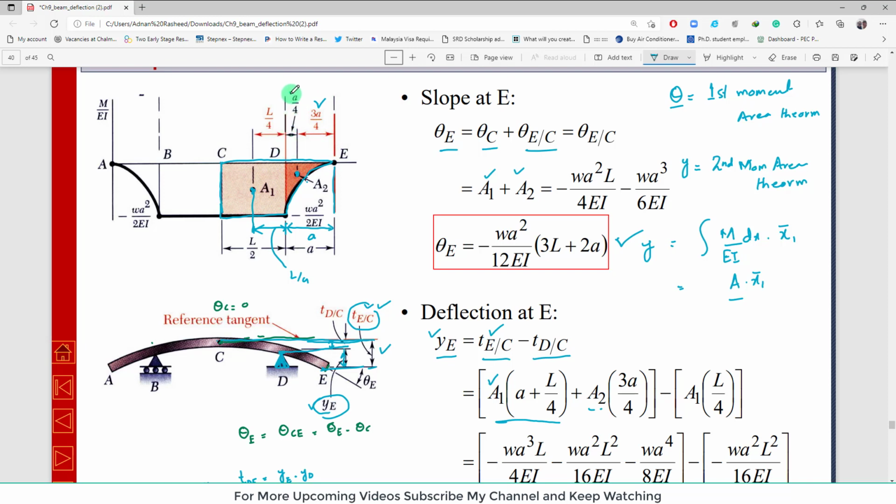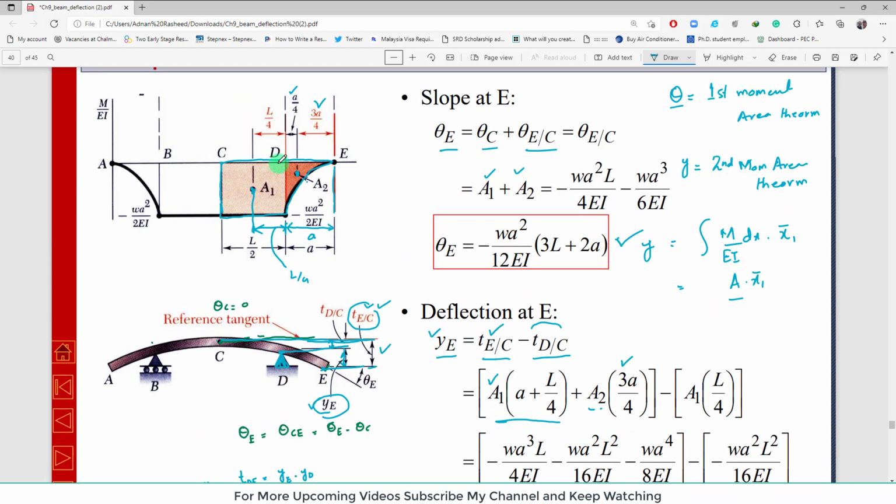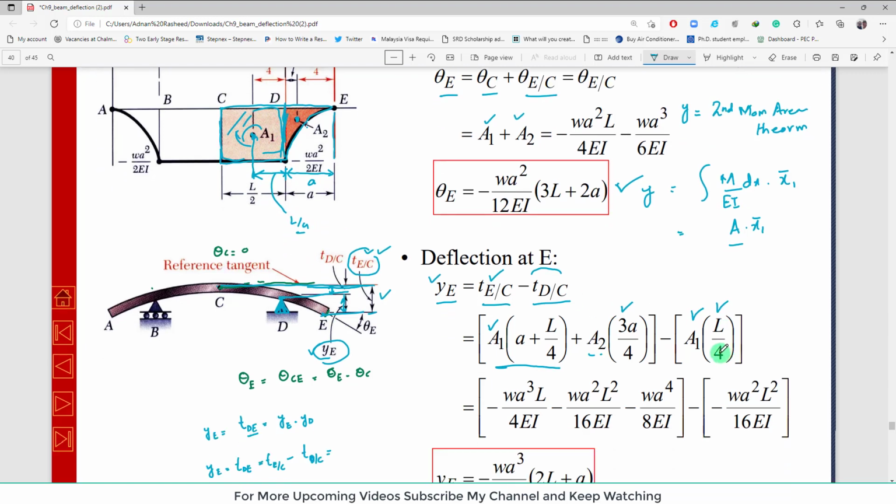From this side it is a by 4, from this side it is 3a by 4, which is given over here, minus TDC. Now TDC is the area under CD, so minus this area multiplied by its vertical distance from this edge. This area is A1, and the distance of its centroid from this vertical edge is L by 4. That is given over here.